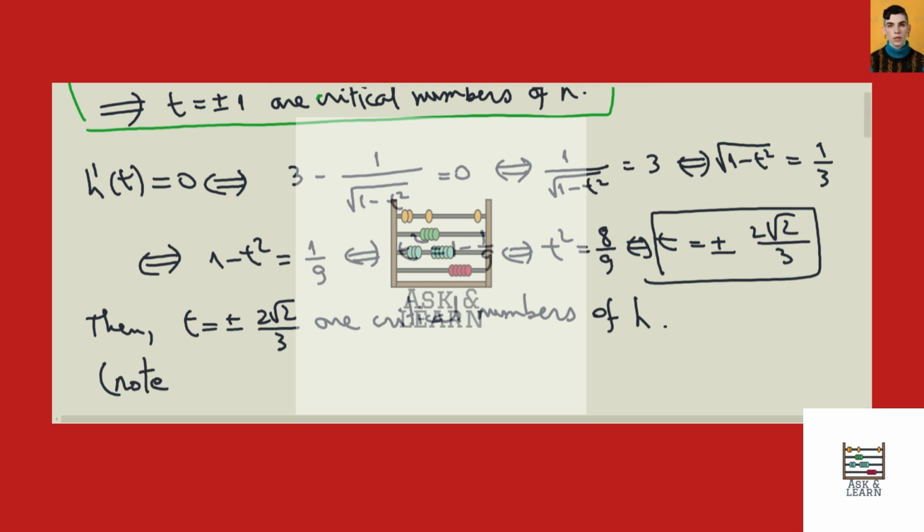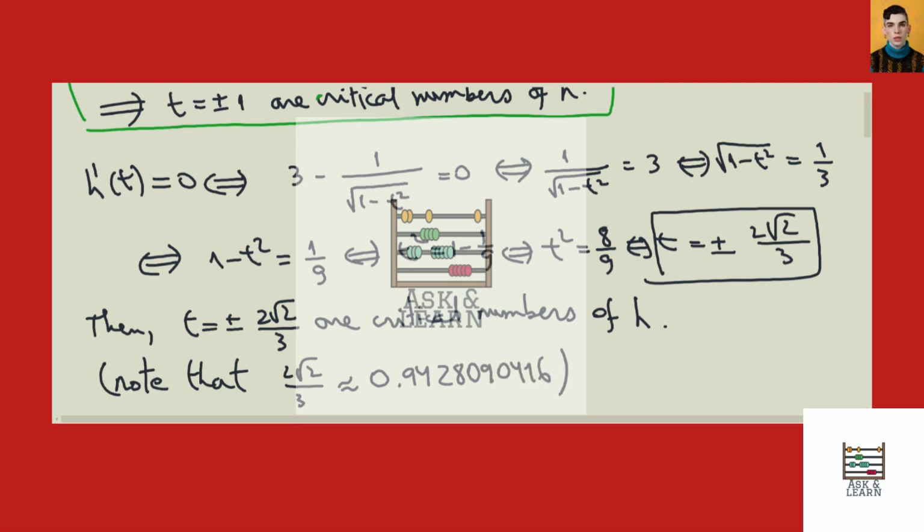2 square root of 2 over 3, if we calculate that number, is about 0.9428.